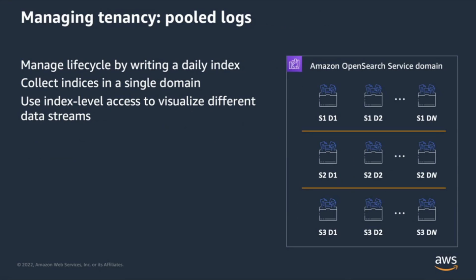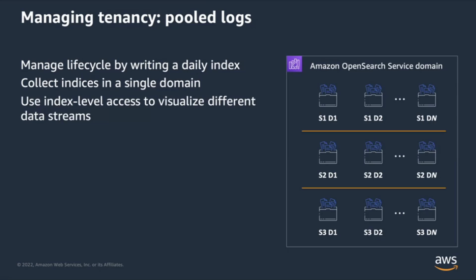Looking at logs workloads, a pooled log strategy is a very common strategy. You're going to manage your lifecycle with a logs workload. You generally manage your lifecycle by writing daily to an index. We'll talk about rolling over at different sizes instead in a little bit. You collect all of those indices in a single domain, and you'll use index level access to visualize different data streams.